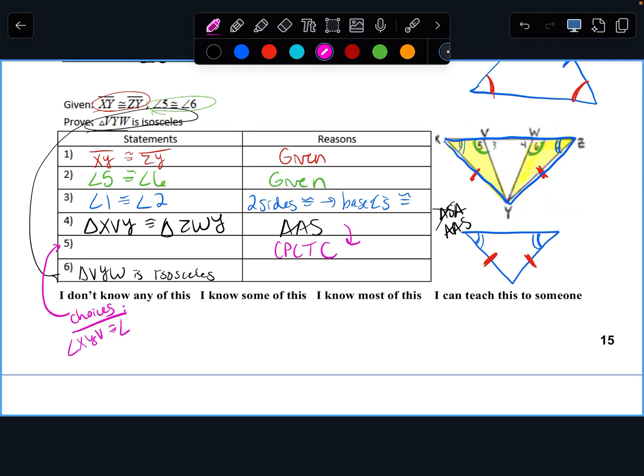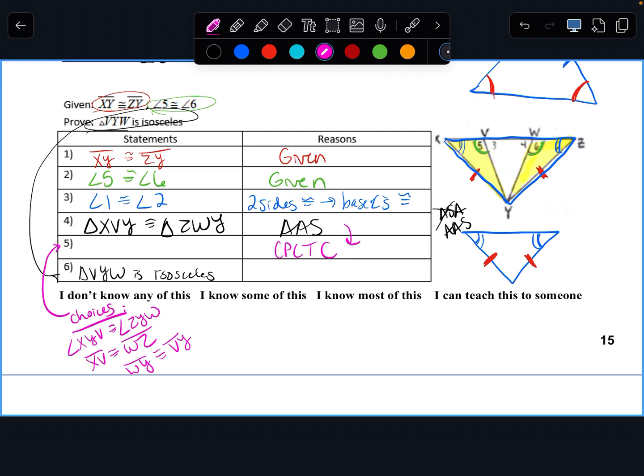I could do ZYW. So those two angles, I hate using 3 letters, but it's fine. And then XV and WZ aren't marked. And WY and VY aren't marked. So it's basically the ticks that aren't there yet, right?